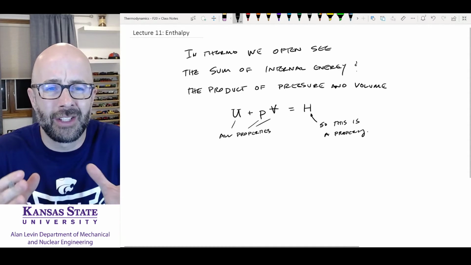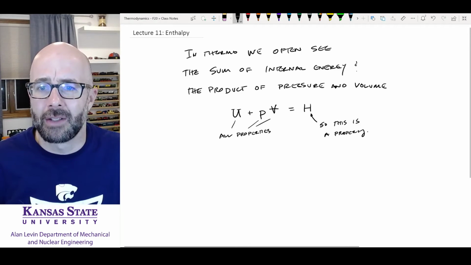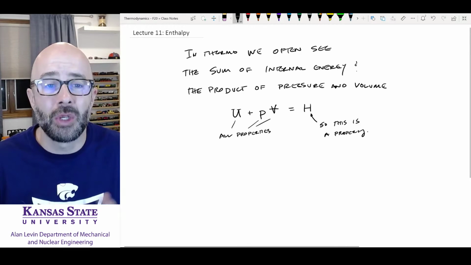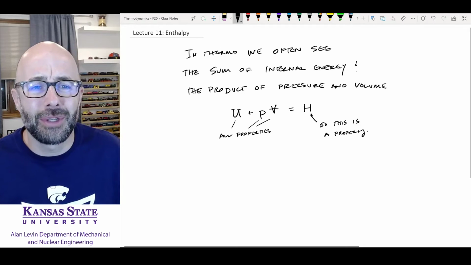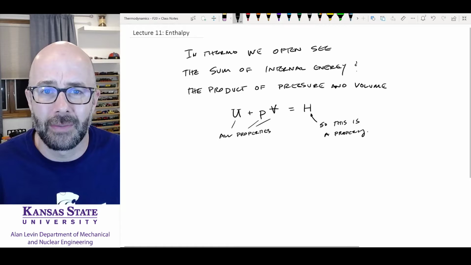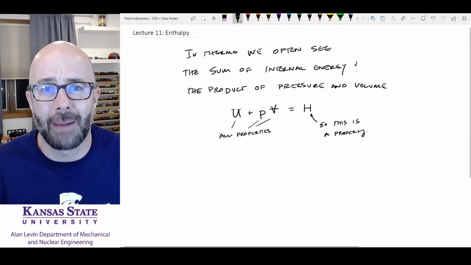We're basically trying to zip all these ideas up and put them in one nice package. So enthalpy is a defined value that we will use to simplify some of our calculations. That'll become more apparent when we start talking about open systems in chapter 4.